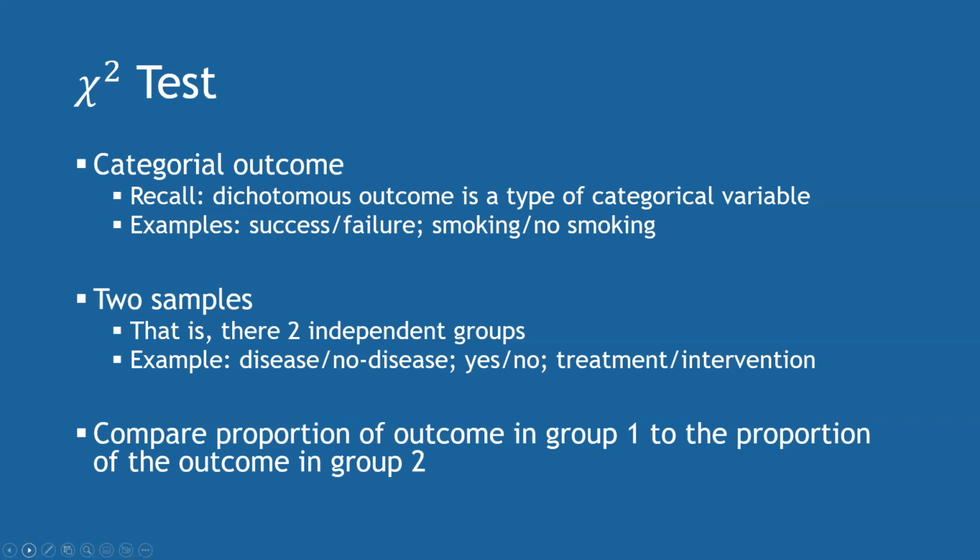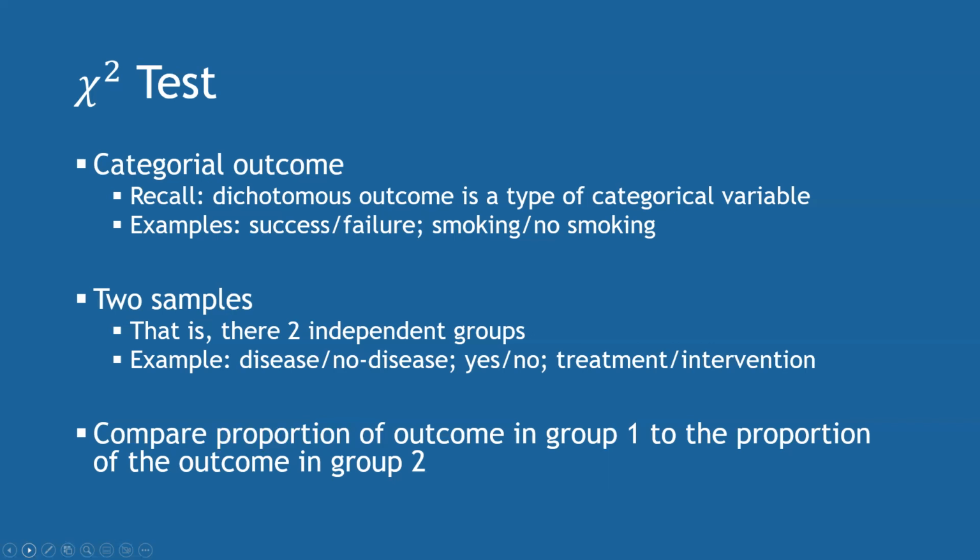So the next categorical variable that we're going to be interested in is the group variable. And so we're going to have two samples. That is, we'll have two independent groups. So we'll have another variable that defines either a disease or a no disease group. It could also describe a group that answered yes to a question or no, or we could also think of it as an intervention or a treatment group.